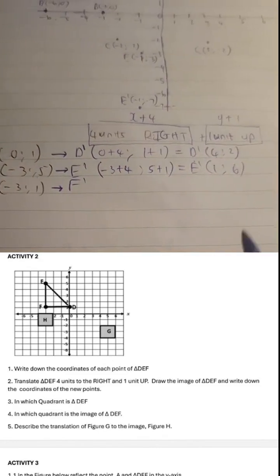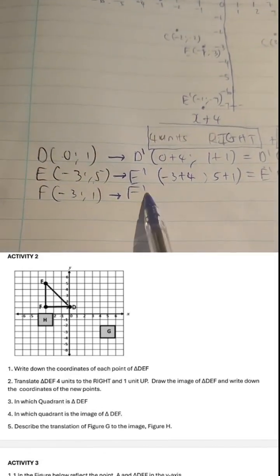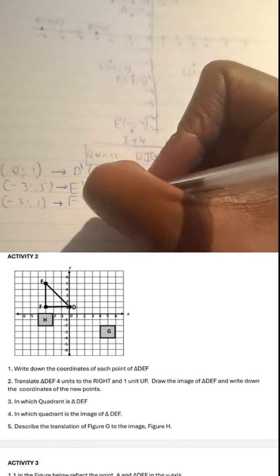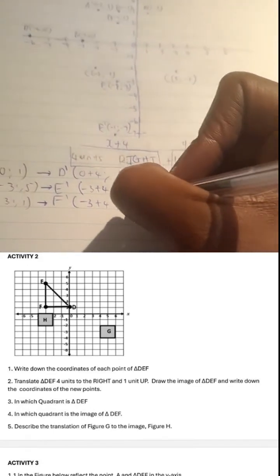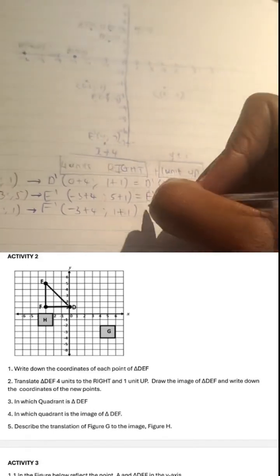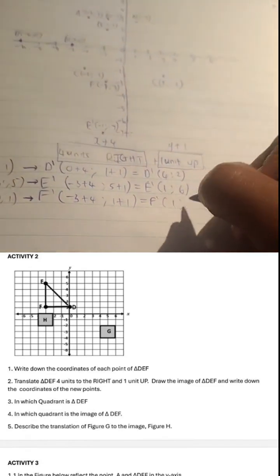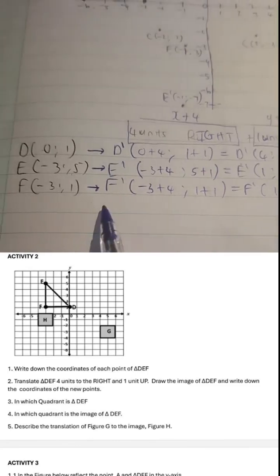Very true, Lesejo, very good. And lastly, the image of F. That means we have negative 3 plus 4, and then 1 plus 1. So the image of F is 1 and 2. Okay, brilliant. Very well done.